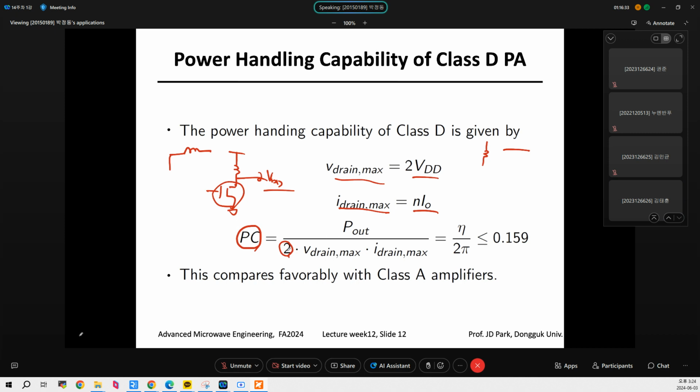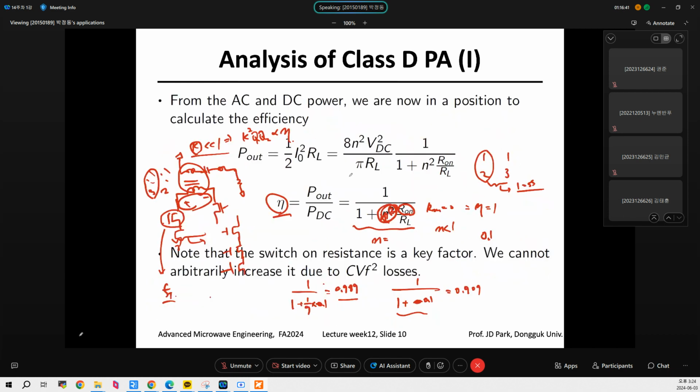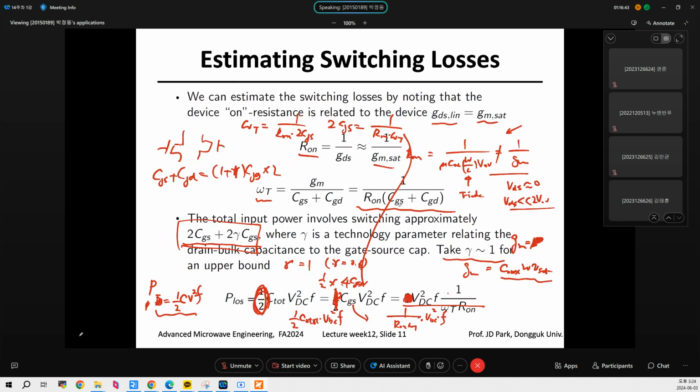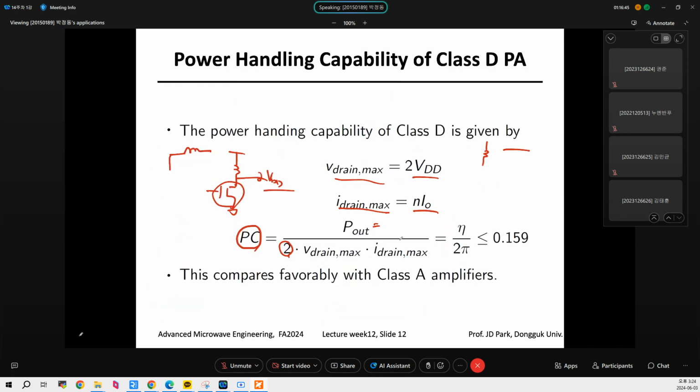P out was already calculated, so if you put them together, this value is eta divided by 2 pi, which is around 0.16. This is similar to a class A amplifier.